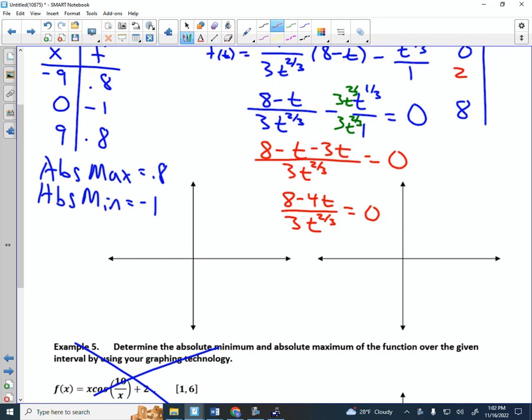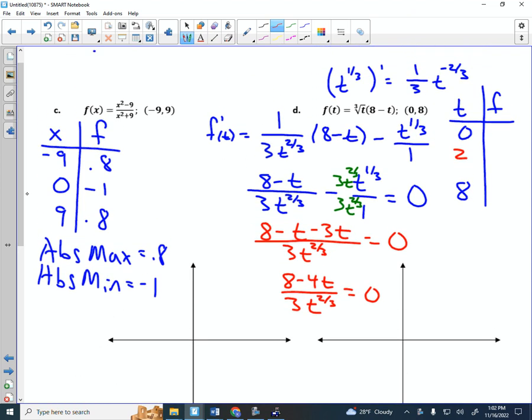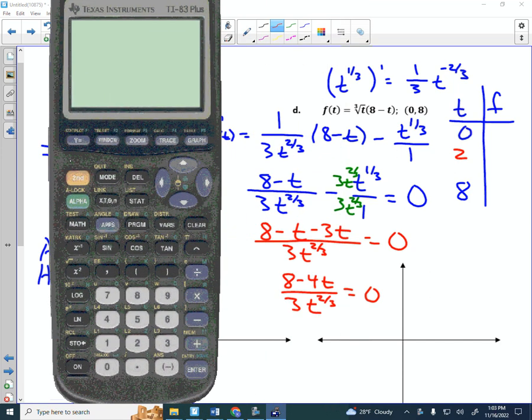We'll accept that, but it was rather weak, wasn't it? Okay. All right. So what I want you to notice here is that 0 was already there because it was an endpoint, wasn't it? So now I could just go to my calculator.